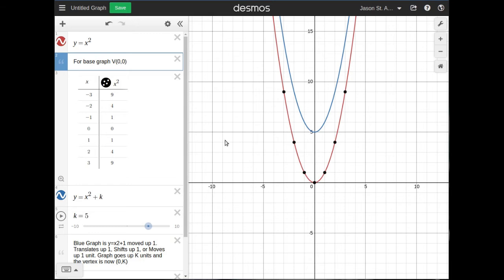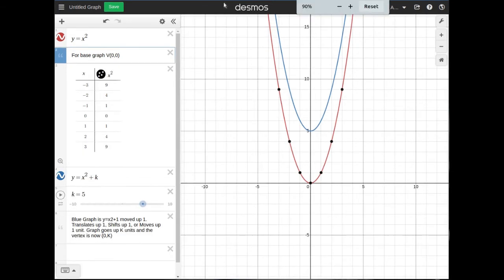But when we're talking about the other graphs where we add a positive value to it, the vertex shifts up, which means all of the points of the graph shift up. That's why it looks congruent to the original graph. Okay? So its vertex is now (0, k).